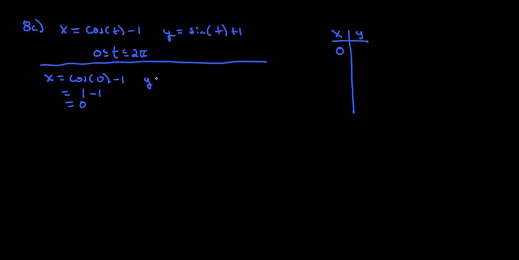The y value is the sine of 0 plus 1. Now the sine of 0 is 0, so y is going to be at 1. So I know that that point's on the graph, so let's just go ahead and plot that out. So 0 left, right, up 1, and I have a point there.